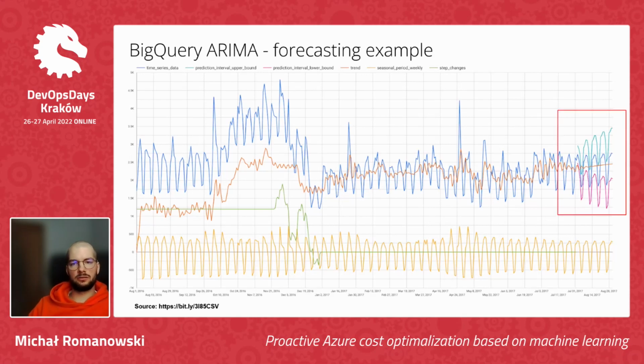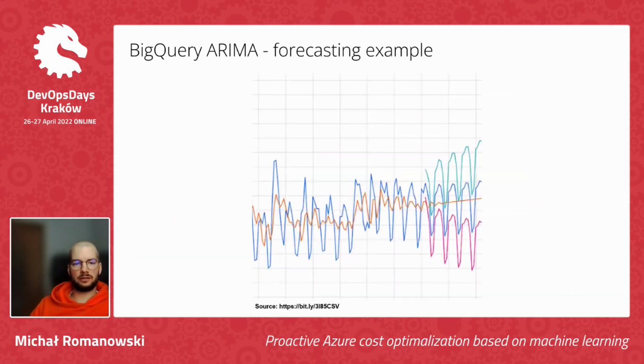When we zoom into the forecasting part, it appears that there are 2 additional lines. One is slightly lighter blue, and the one underneath the time series is the pink one. Both of them are the bounds of the forecast. So we've got the slightly lighter blue one, which is the upper bound, and the pink one, which is the lower bound of the forecast.